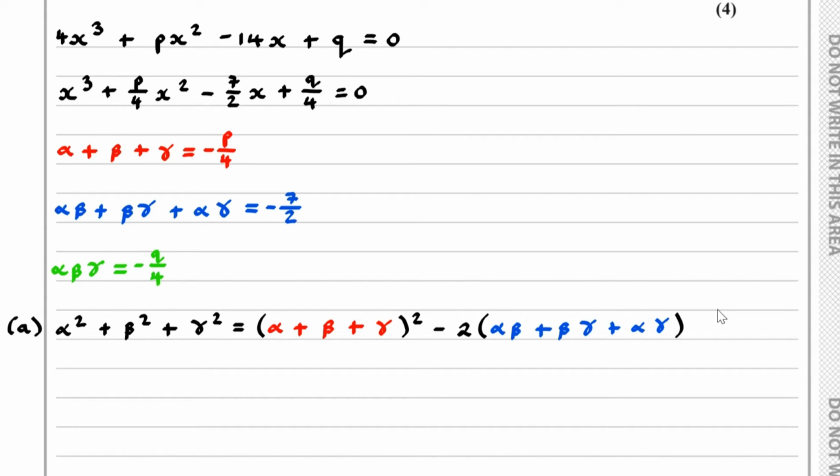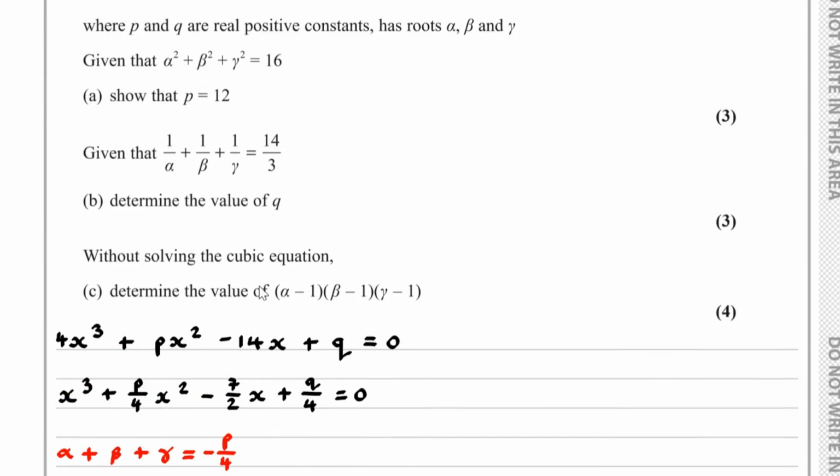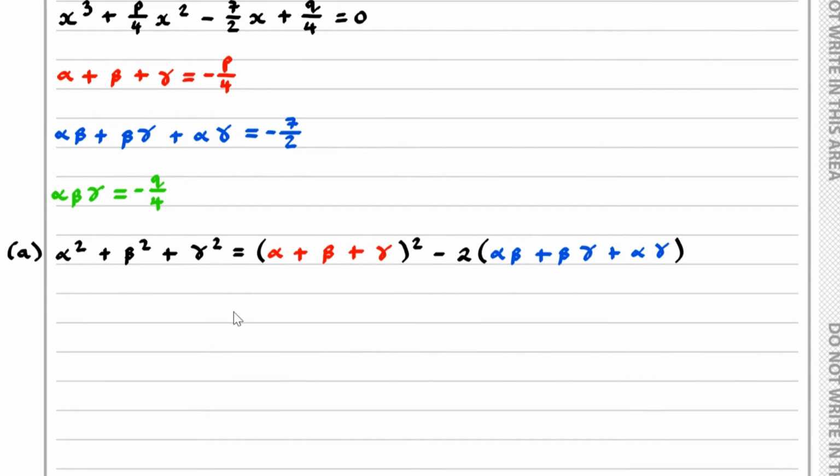And if I substitute in everything I know, well, I know that alpha squared plus beta squared plus gamma squared is 16. So I've got 16 equals, now here we have alpha plus beta plus gamma, so that is negative p over 4 squared, subtract 2 multiplied by alpha beta plus beta gamma plus alpha gamma, that is negative 7 over 2.